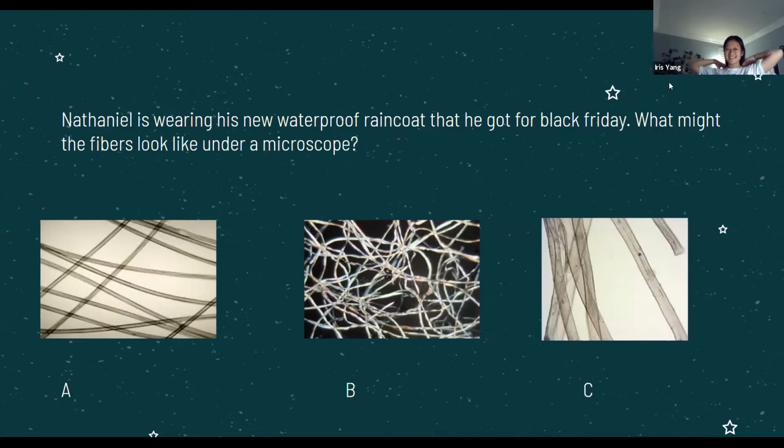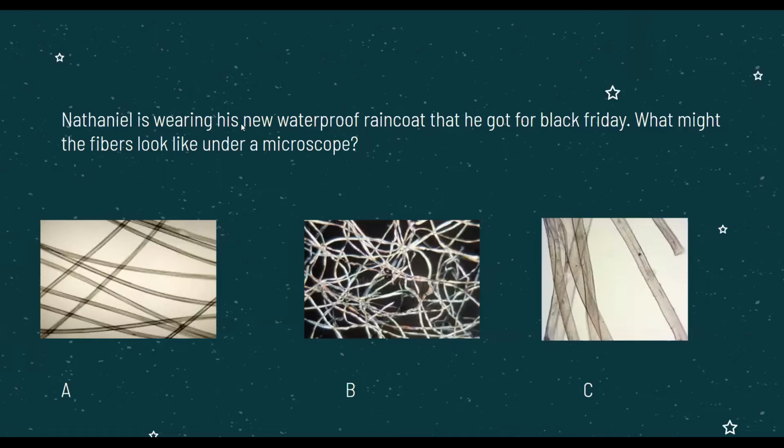Okay, so the answer is actually A. So we all know it's not B. B is more twisted. That's probably a plant fiber. But raincoats, waterproof, you're probably using polyester, nylon, something like that. So it's going to be a polyester, a synthetic fiber.